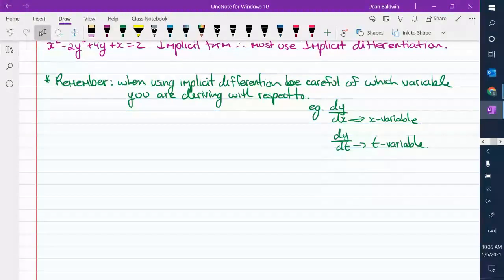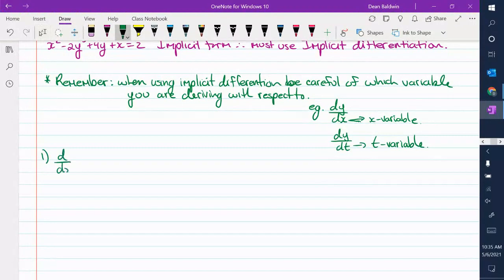I'm asking for the derivative of x plus 3y. So what variable am I deriving with respect to?